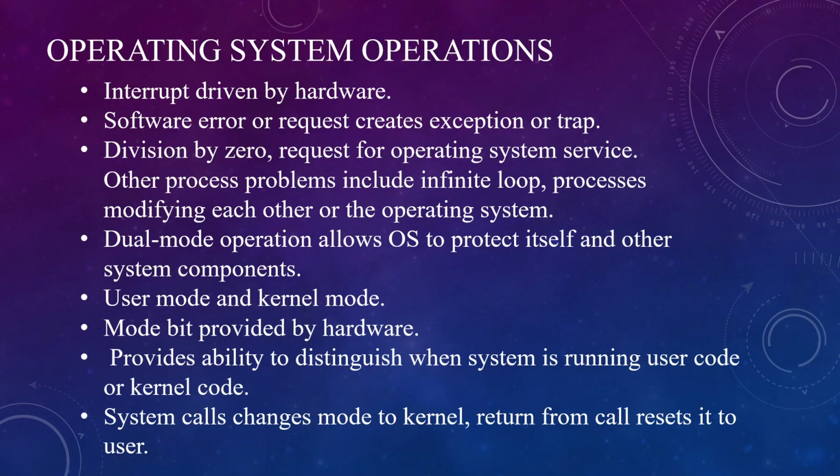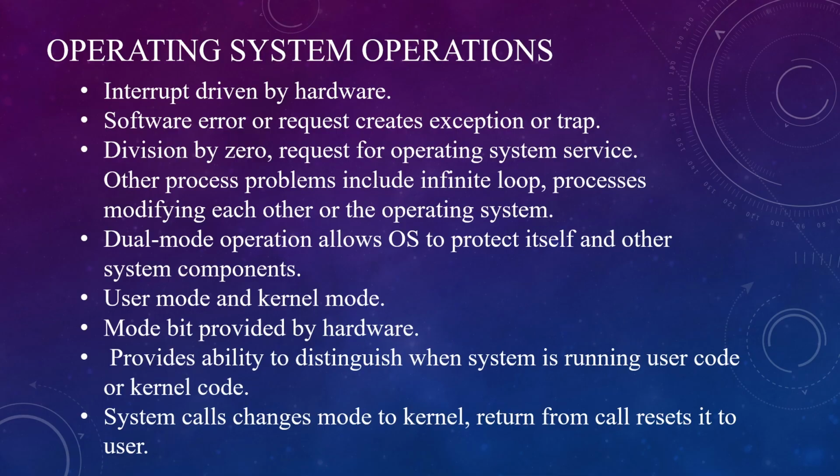Next, we have exceptions or traps, which occur due to software errors or special system service requests. For example, if a program tries to divide a number by 0, this causes an exception. In other cases, software may make a system call to request services from the operating system, like accessing a file or allocating memory.